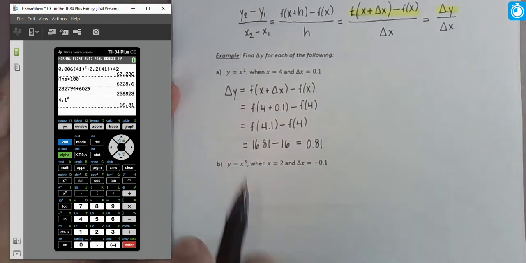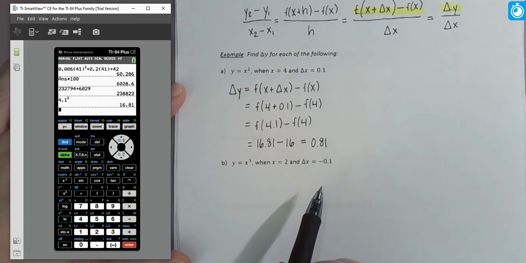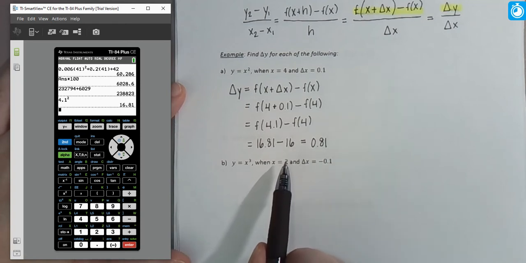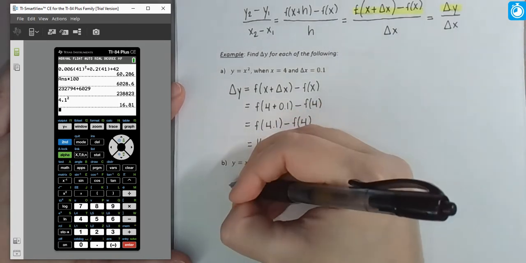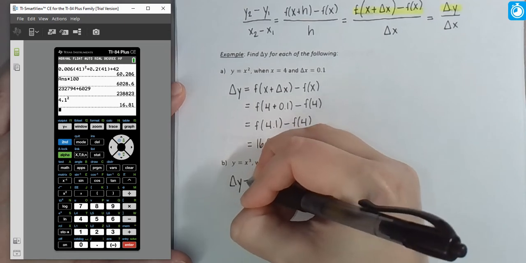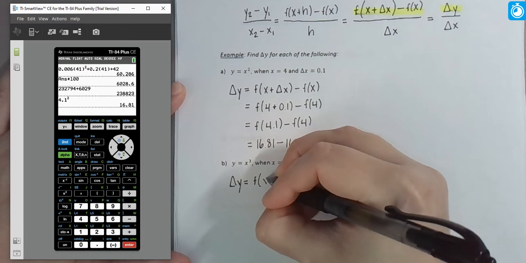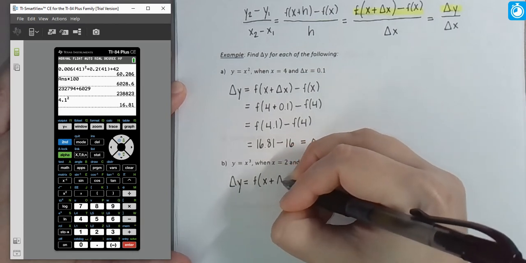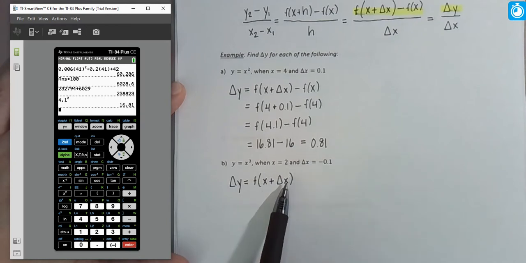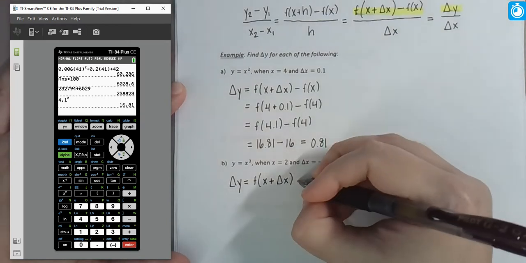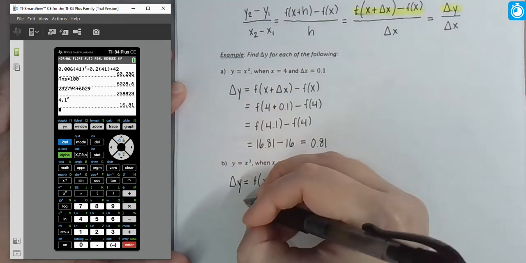Let's try another one. So new function, new x value, new change in x. Notice here the change in x is negative, which means rather than increasing from 2 to a new value, we're decreasing to go to a new value. So again, delta y is defined, change in y is defined as our function value evaluated at the original x value plus the amount of change to take us to the new x value, minus f of x.